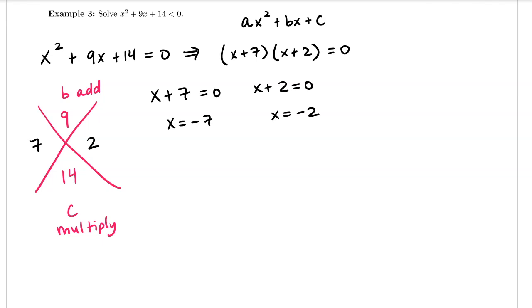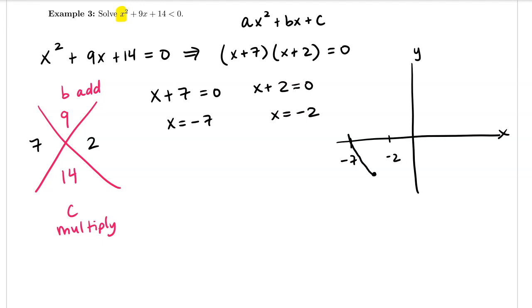Well, I know that the graph of a quadratic function is a parabola, and our leading coefficient is 1 because there's a 1 in front of the x squared. So here's my y-axis, here's my x-axis, and I'm going to plot -7 and -2 here. It's an upward-facing parabola, so with a really rough sketch, my graph is going to look something like this.